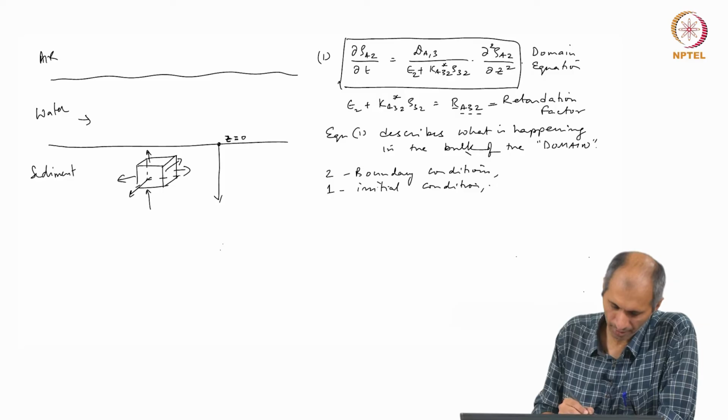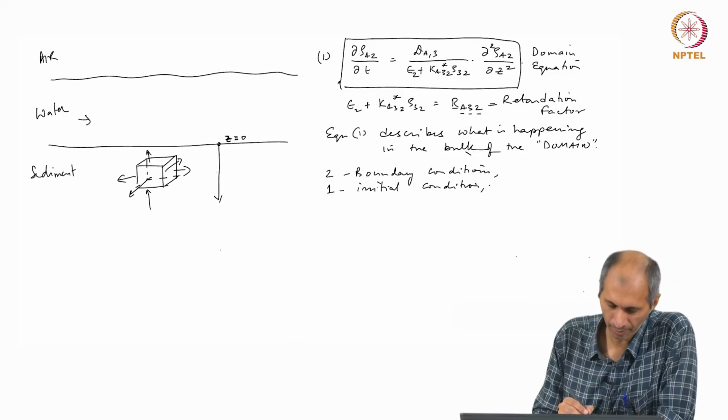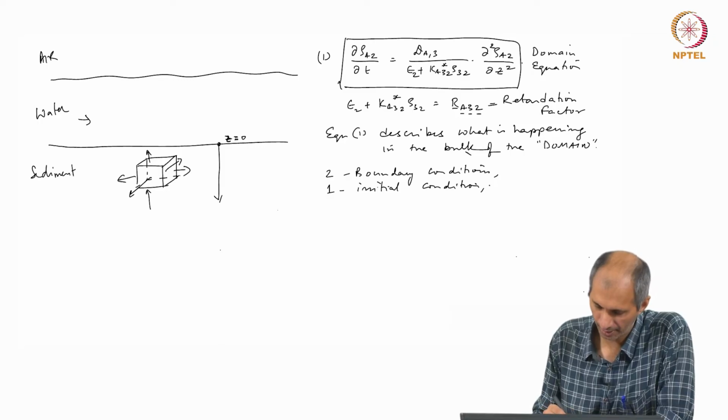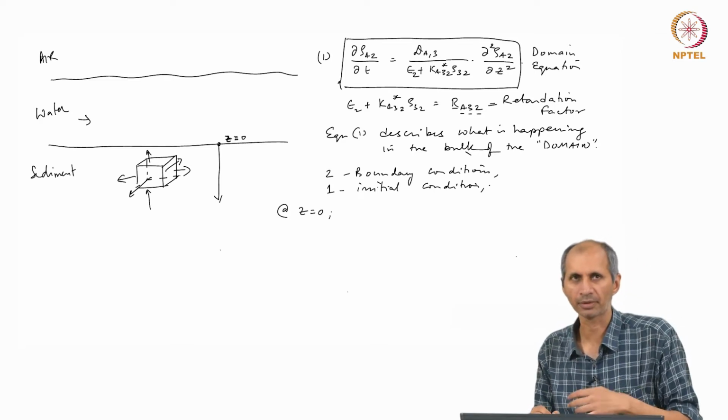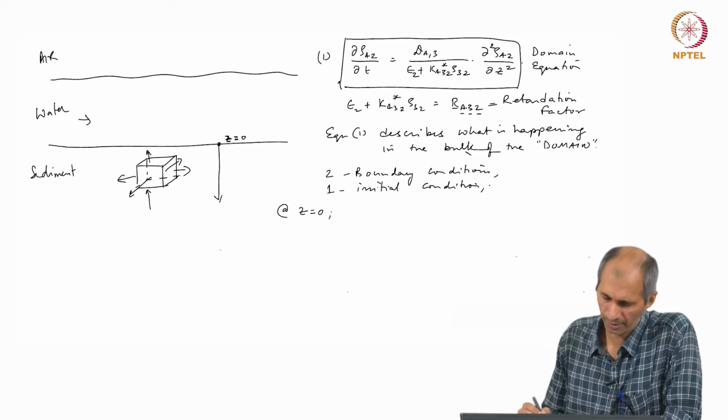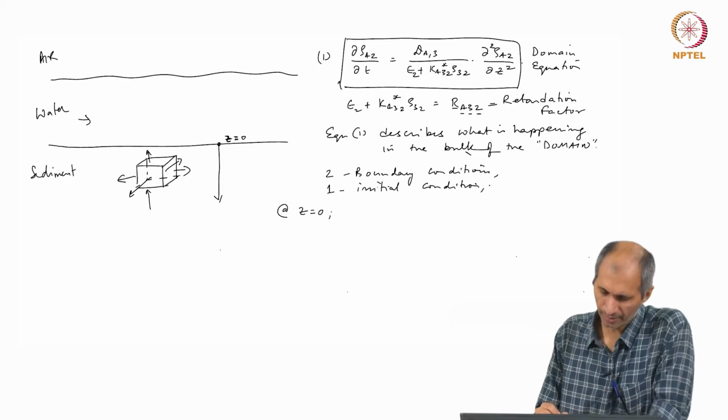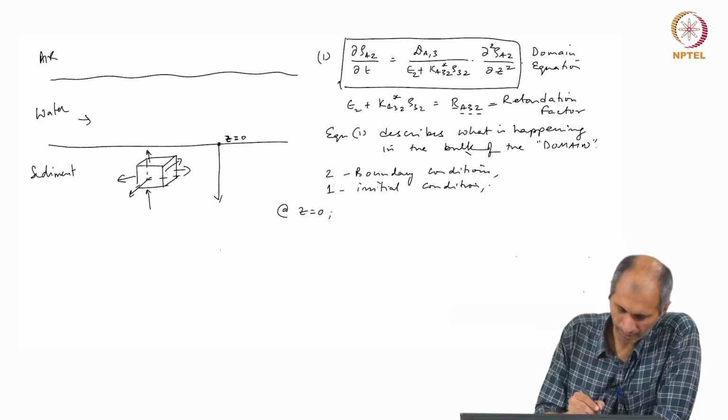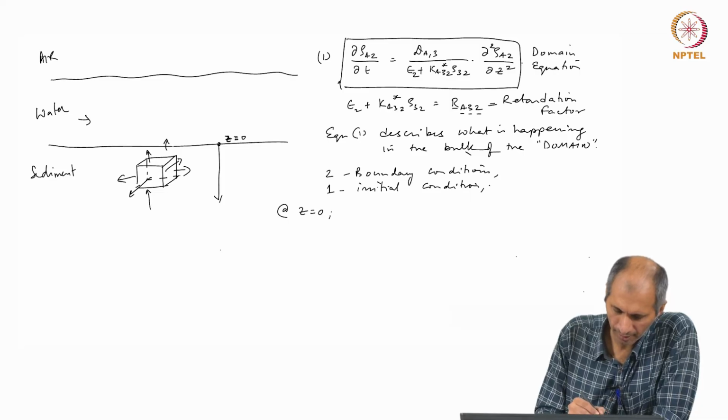So let us talk about the first, the boundary condition at z equals 0. What could be the boundary condition at z equals 0? So one has to look at what is happening here.